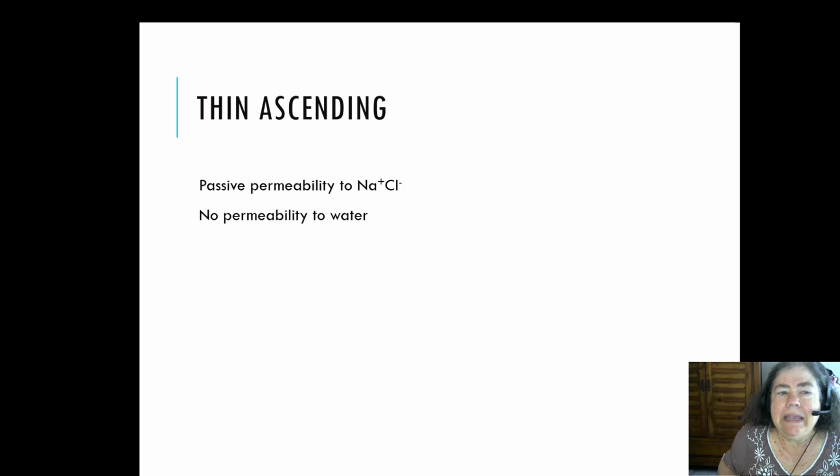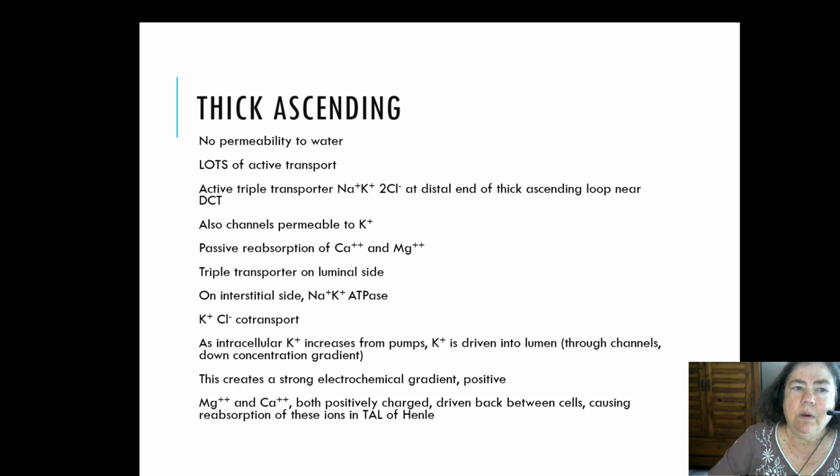As we begin to ascend in the loop of Henle, the permeability to water goes away. There are no aquaporins. And when we reach the thick ascending loop, this is where there is a ton of active transport, including the triple transporter, which is an ATP using active transporter.